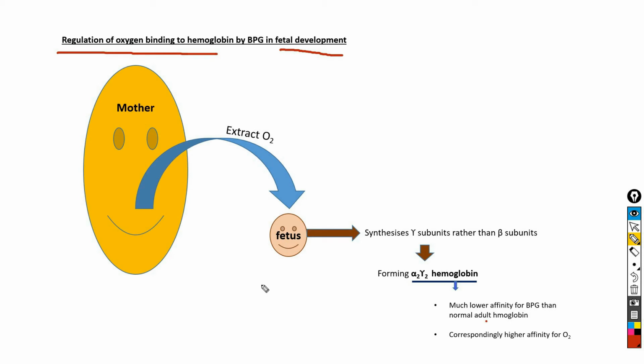So to increase the affinity of hemoglobin for oxygen, the fetus synthesizes gamma subunit rather than beta subunit, and it forms alpha 2 gamma 2 hemoglobin tetramer. This alpha 2 gamma 2 hemoglobin tetramer has much lower affinity for BPG than the normal adult hemoglobin, and much higher affinity for oxygen.